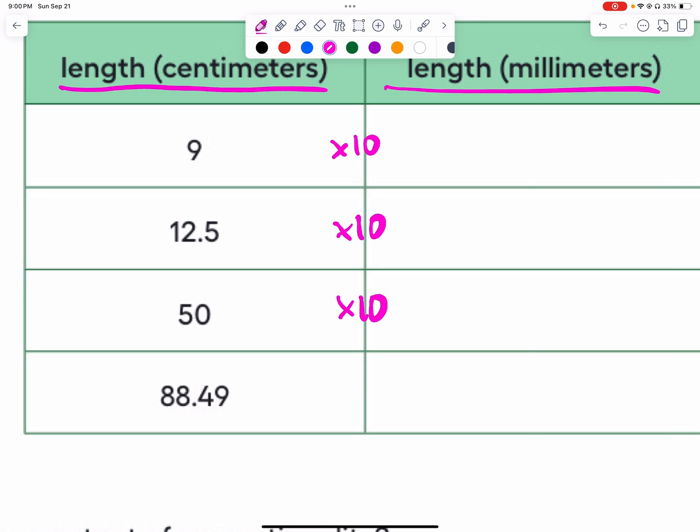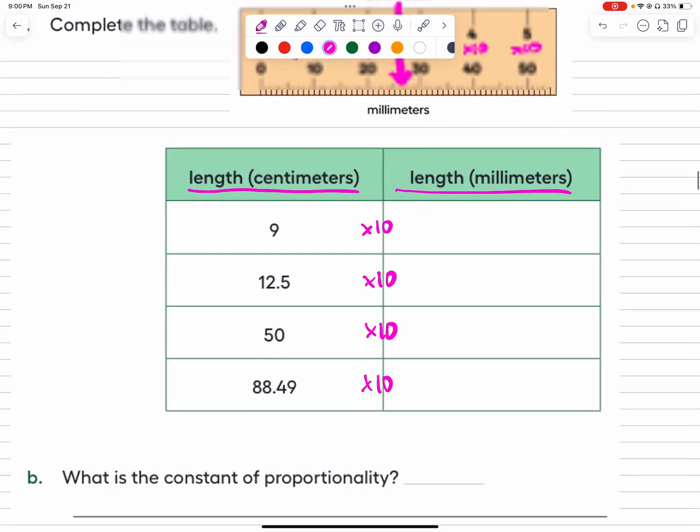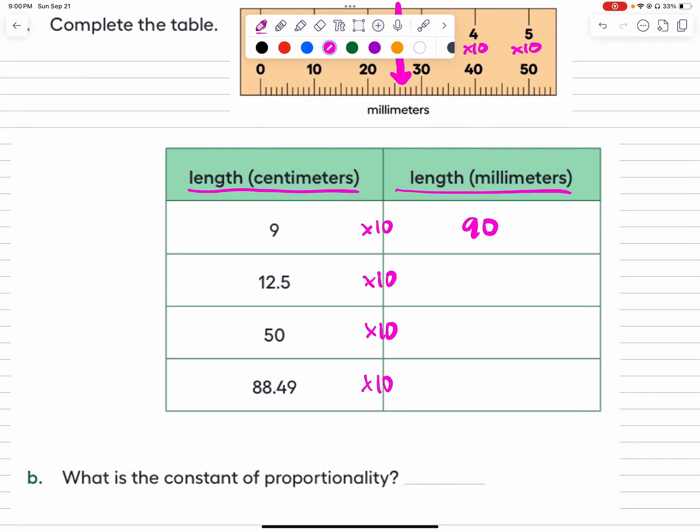There you go. 9 times 10, 90. 12.5 times 10. You can always move it one decimal place to the right. That's literally multiplying by 10. 125. If you don't believe it, you could also do like the 90, the decimal is right there. One to the left, and you add a 0, like that. So same thing here, times 10. You move it once here, and it's 500.